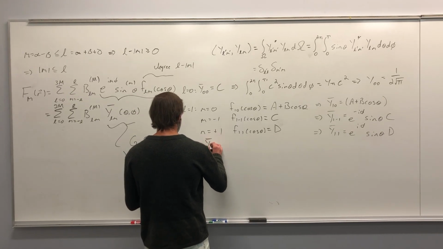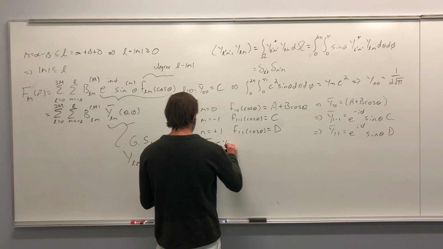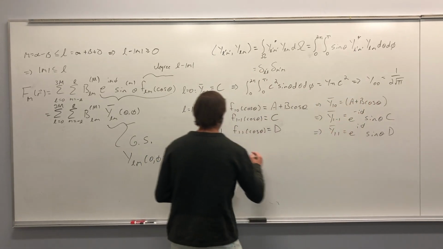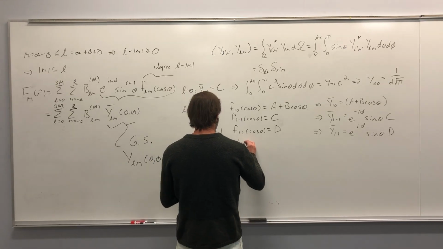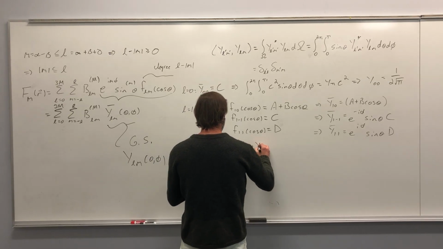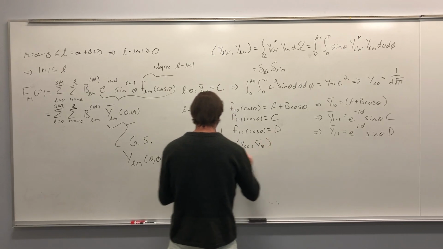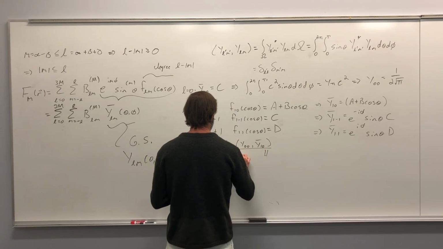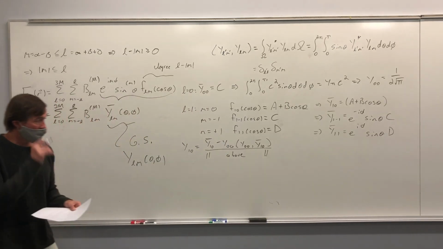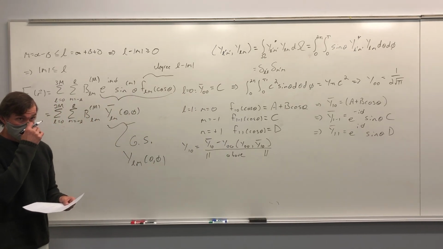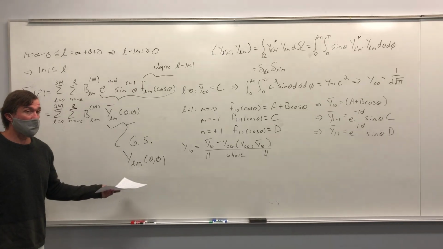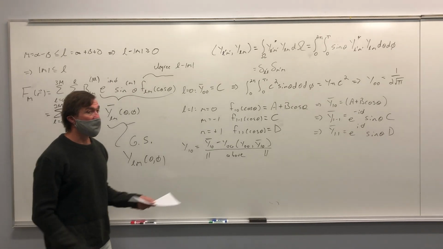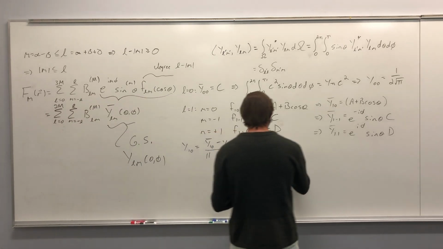Now, if we want to find the normalized and orthogonal Y_10, then you know how this goes. We take Y bar 1,0 and subtract out the one we already have, times the inner product of that with the one we're trying to fix. This is just Gram-Schmidt. I'm going to skip the details, they're in the notes.